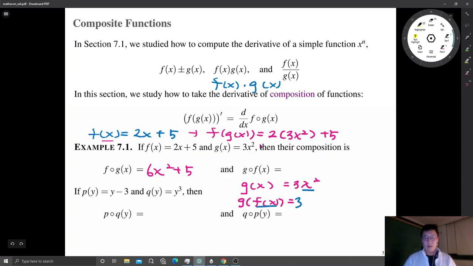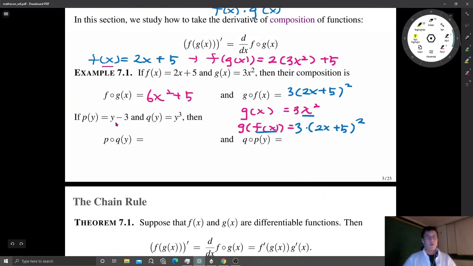So 3 times, instead of x, we plug in 2x plus 5, squared. So this is going to be 3 times (2x plus 5) squared. So whenever we compute a composite function, we should be careful about which one is the outer function and which one is the inner function. Depending on the order, we have a different result.